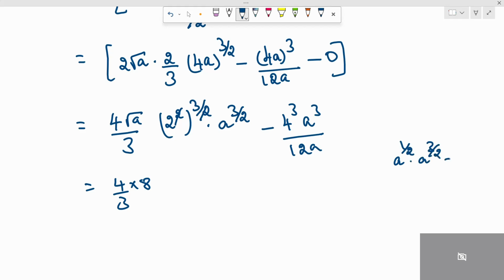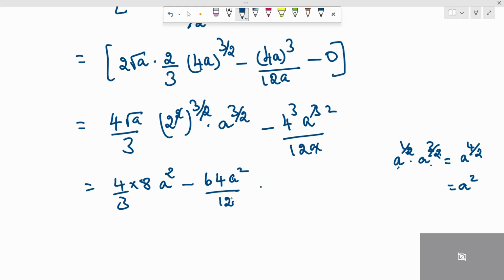This can be written as a power 4 by 2 because the denominator values are same, and the base value is also the same, so we can add the powers. In the power also the denominators are same, we can add the numerator terms 1 plus 4 by 2, that is a square, minus 4 cube is nothing but 64, a cube, we can remove one a here, which is a square by 12.